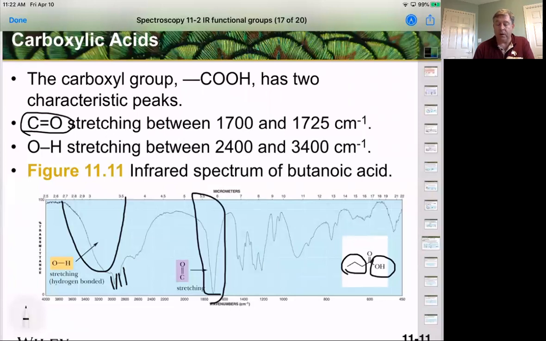We have our strong C double bond O peak, we have a strong OH peak, and then on top of that, we have our carbon-hydrogen bonds. Okay, this is very distinctive for carboxylic acids to have both that carbonyl peak and that OH peak. Usually you can tell the difference between a ketone and an alcohol because one will have a peak in one way and one will have the other. This is the combination where we actually have both of those peaks in the same spectrum.